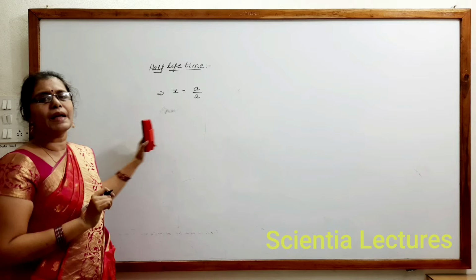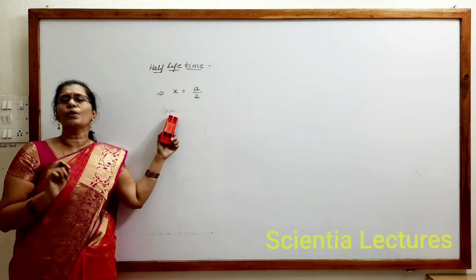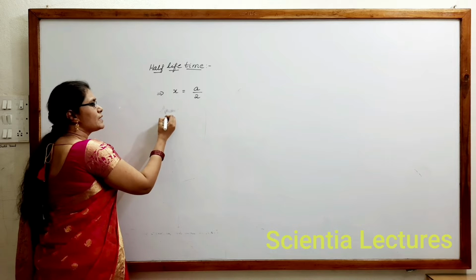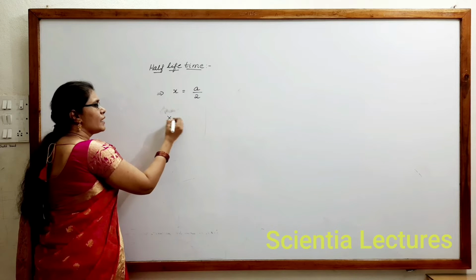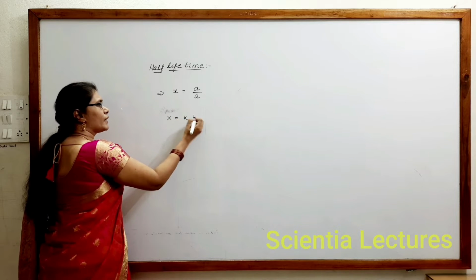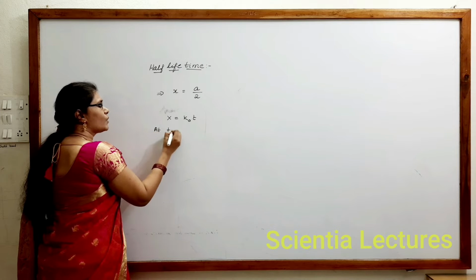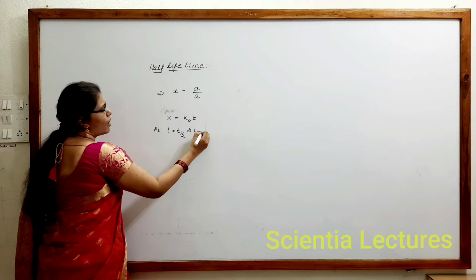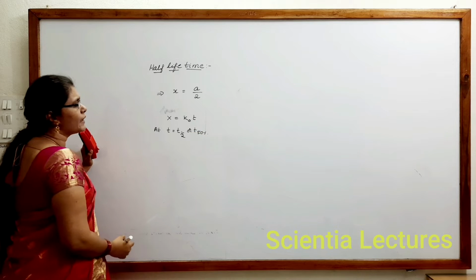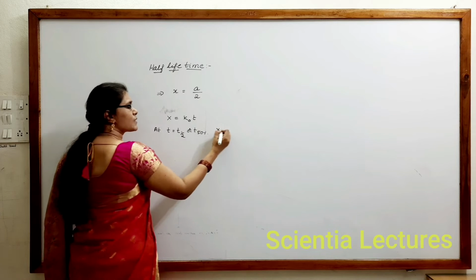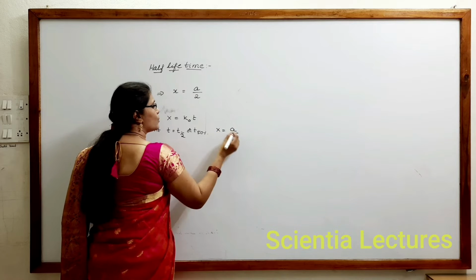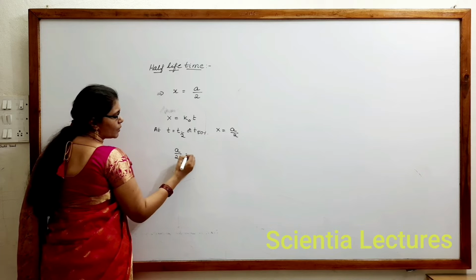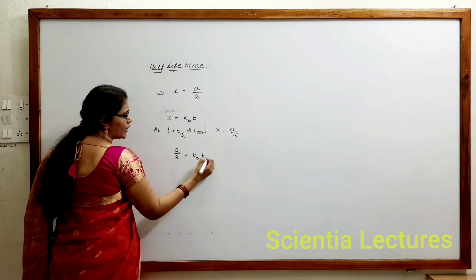What is the rate equation of a zero order reaction? X equal to K naught t. At t equal to t half, that is at half-life time, or t 50%, anything can be given, the reacted amount x must be equal to A by 2. If you substitute this in the equation, what we will get? A by 2 equal to K naught into t half.